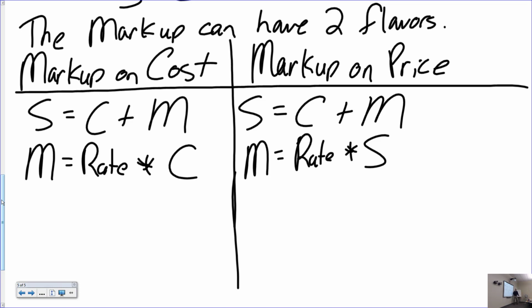Okay? Now, there are more realistic reasons other than just trying to be sneaky to using these, okay? Generally, most businesses will mark up things on cost if, when they sell it at the price that they marked it up for, that's it. So if you're never going to change the price of an item, you're almost always going to use markup on cost.